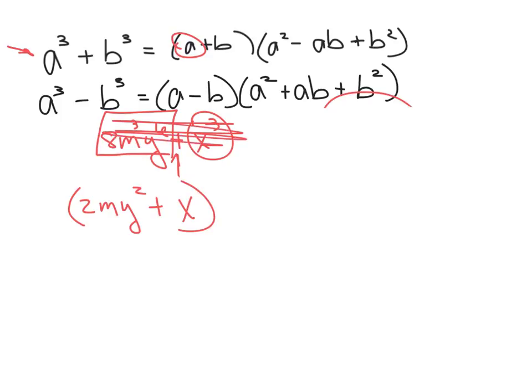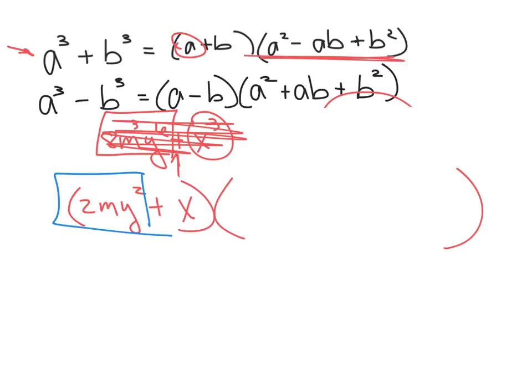Okay, now we're going to get rid of that. We're not going to look at that to finish solving this. Parentheses, and again, we're looking at this one up there, right? So we're going to take the first term, my a, and I'm going to square it. 2 squared is 4. m squared is m squared. We square y squared, and it's y to the 4th.